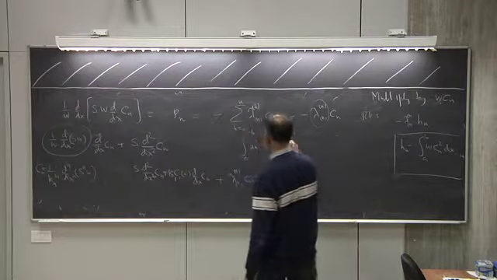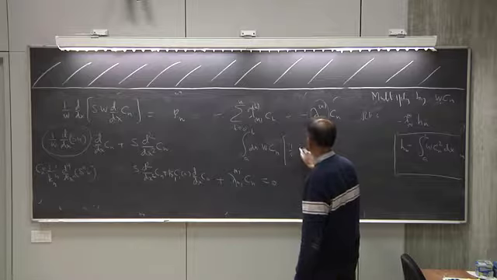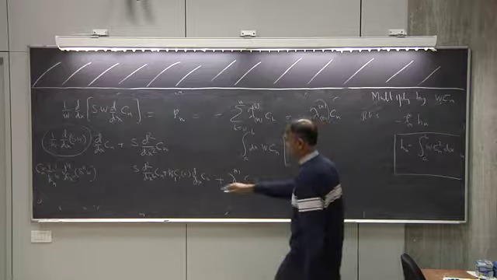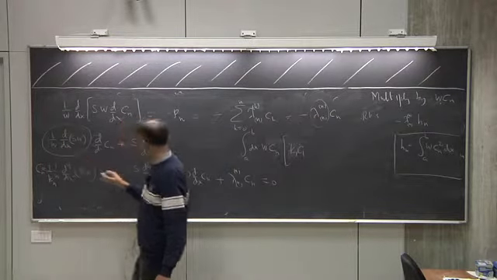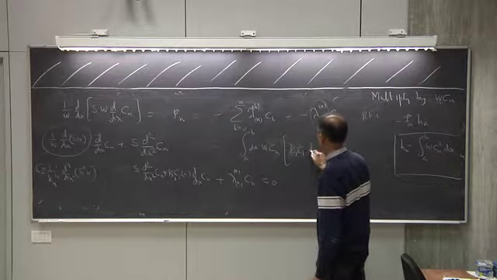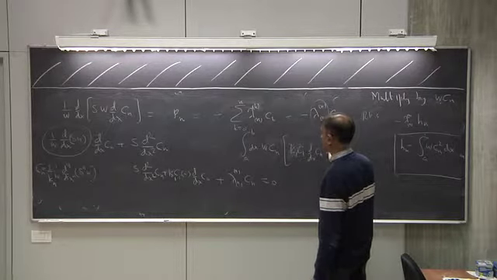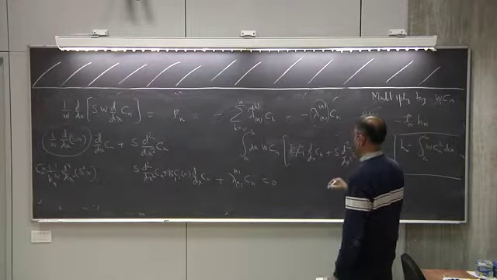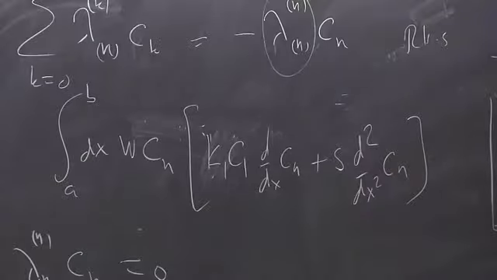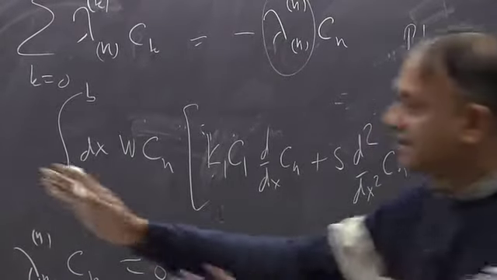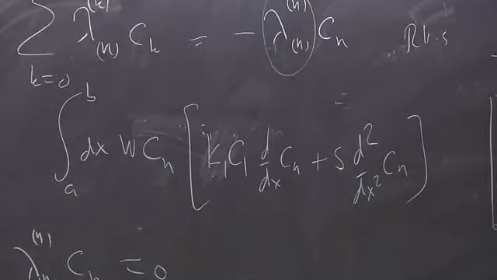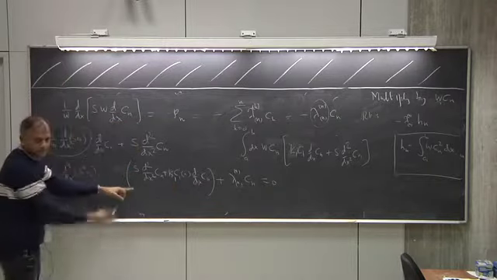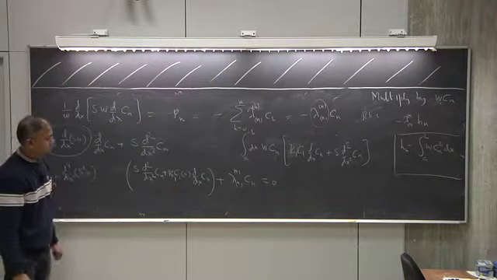So let me just use this formula. There is a 1 over w dx d by dx, so this quantity was k1 times c1 times d by dx Cn plus s d2 by dx2 Cn. That's the left hand side. This part is the left hand side, so it's just that.